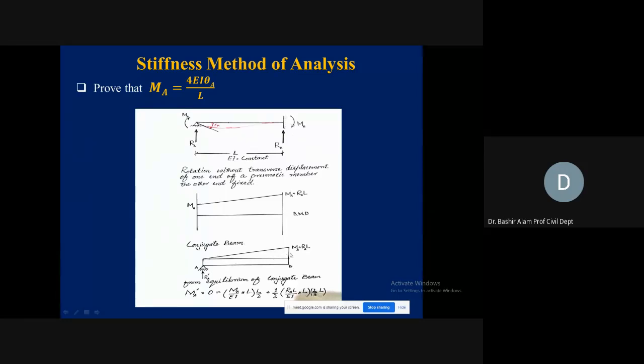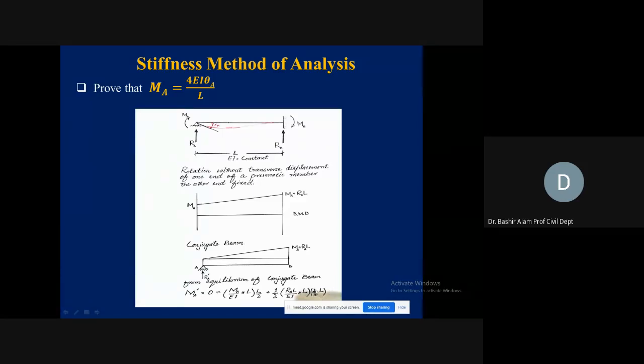Then we take the triangle. What will be the load of this triangle? It will be half of RA times L times L over EI, this length. This will be the equivalent load of this triangle. And how much will be the moment arm from this A? It will be 2/3 of this length.